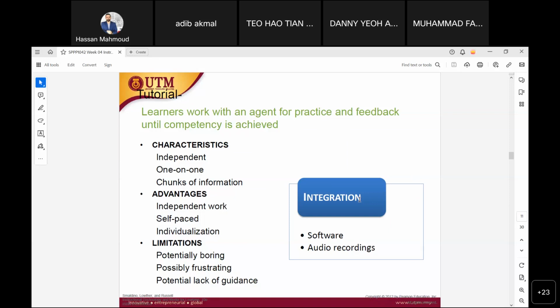So learners work with an agent for practice and feedback until competency is achieved. What do I mean by agent here? It is YouTube or social media, Facebook, anything that you work with. This agent is not a person. It's not necessarily a person.